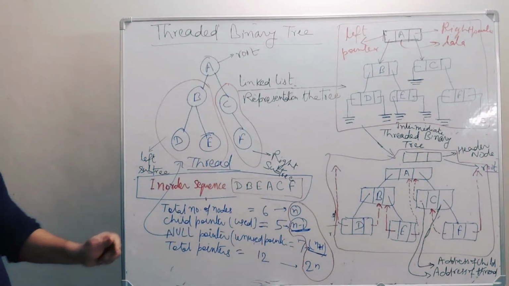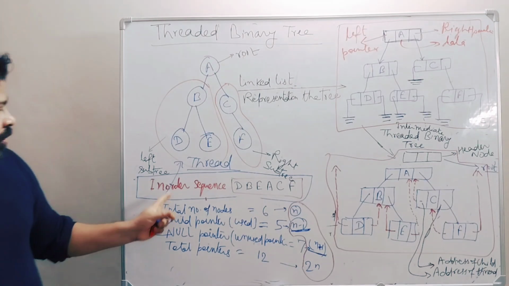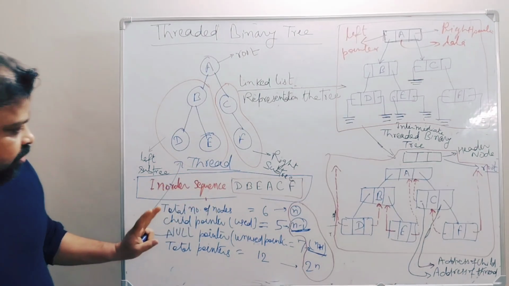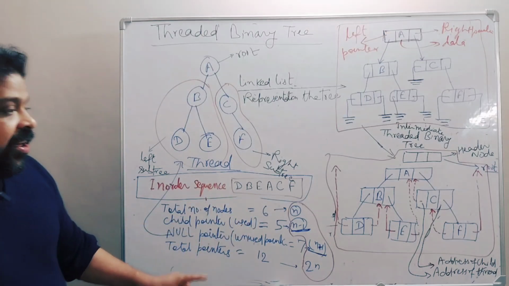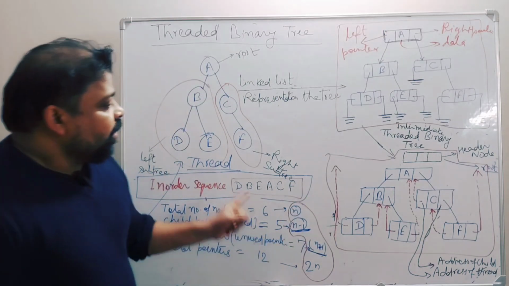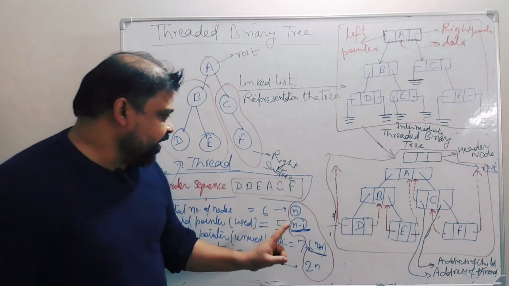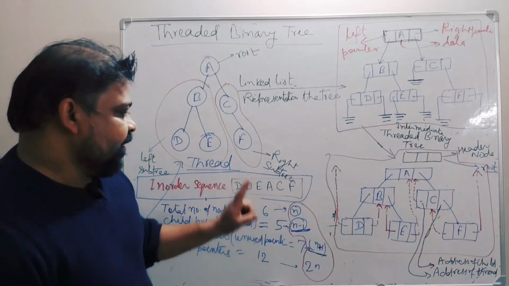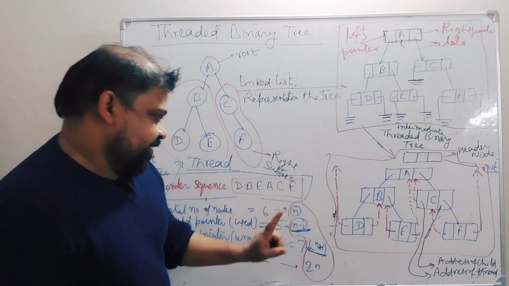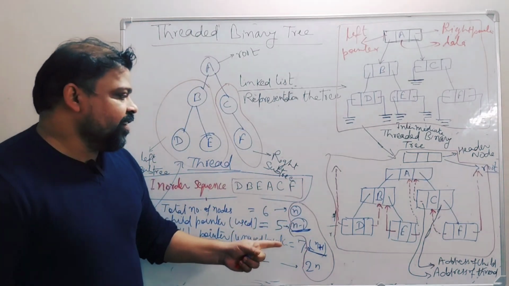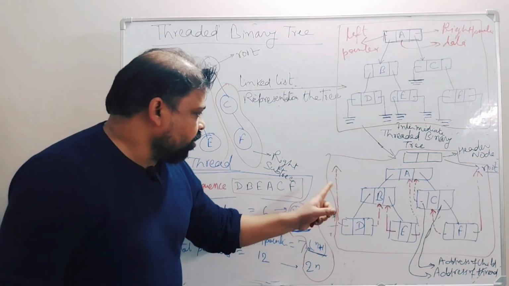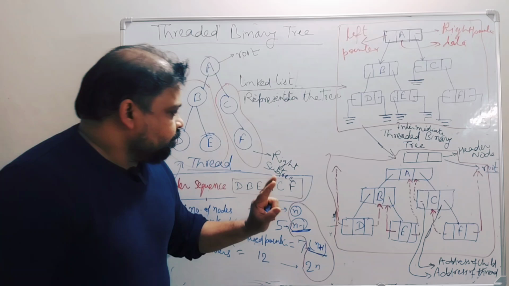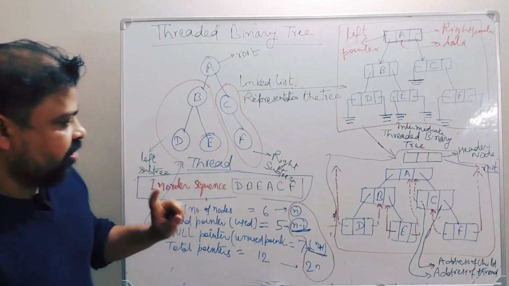For that they suggested inorder traversal, and in inorder traversal it is told that if your left link is null, then the left link will point to the inorder predecessor, and if your right link is null, then the right link will point to the successor in the inorder traversal.